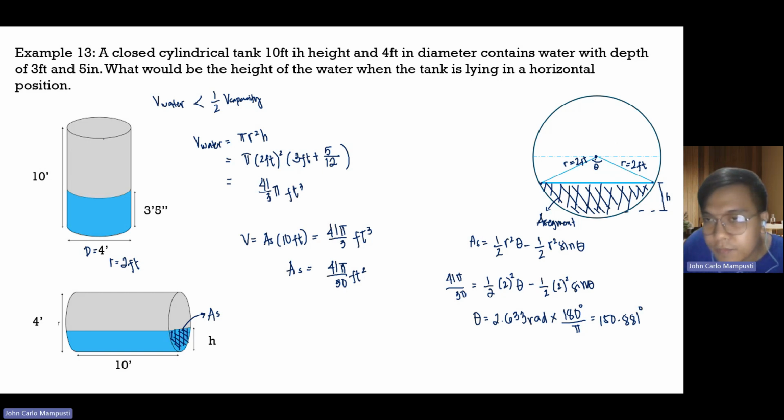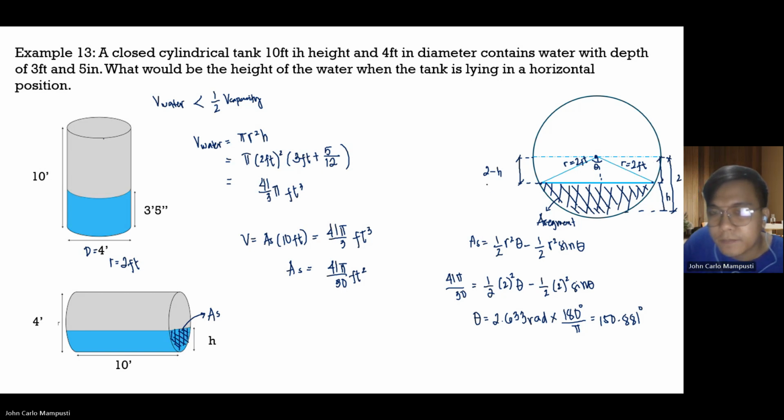So, what now that we have the degrees? If you look at this one, there's a relationship here. From the center up to this water level, this is actually equal to 2 minus h. Sir, why is it 2 minus h? Because from here to here, this is the radius, which is equal to 2. So, this is equal to 2 minus h.